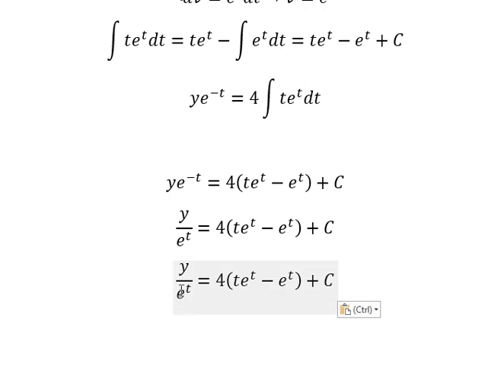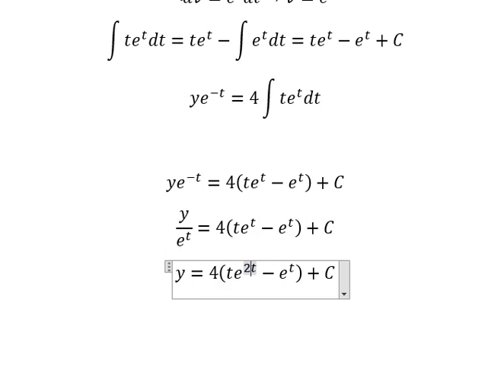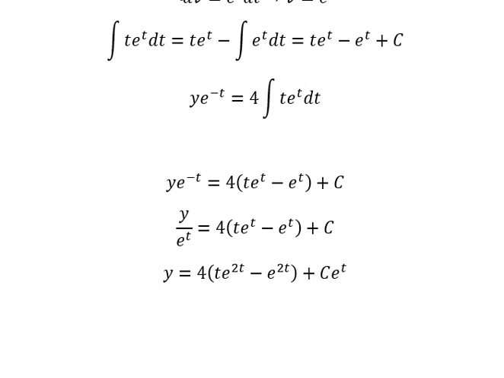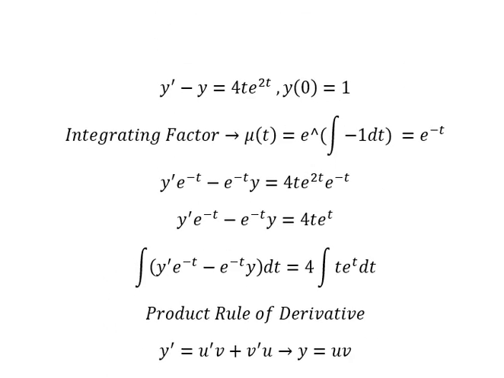So we multiply both sides by e to the power of t in here. Now we have the conditions.